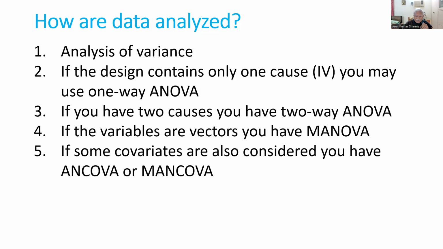Since there are two things you are comparing simultaneously, you have variations caused by the first factor, variations caused by the second factor, and some measure of within variability in each factor and the total variability. Four things. This is called two-way ANOVA. If you want to study effects of three factors or three causes simultaneously, you will have three-way ANOVA with or without interaction. If the variables are vectors, you go for MANOVA.